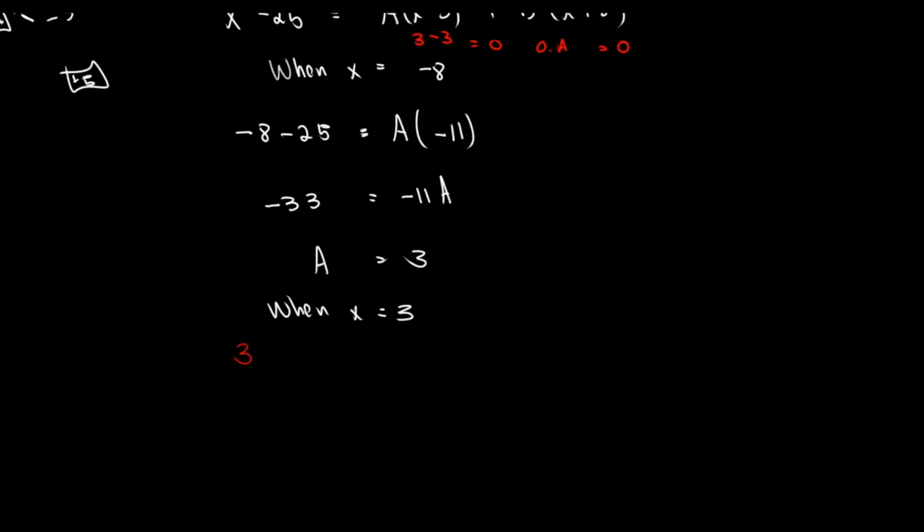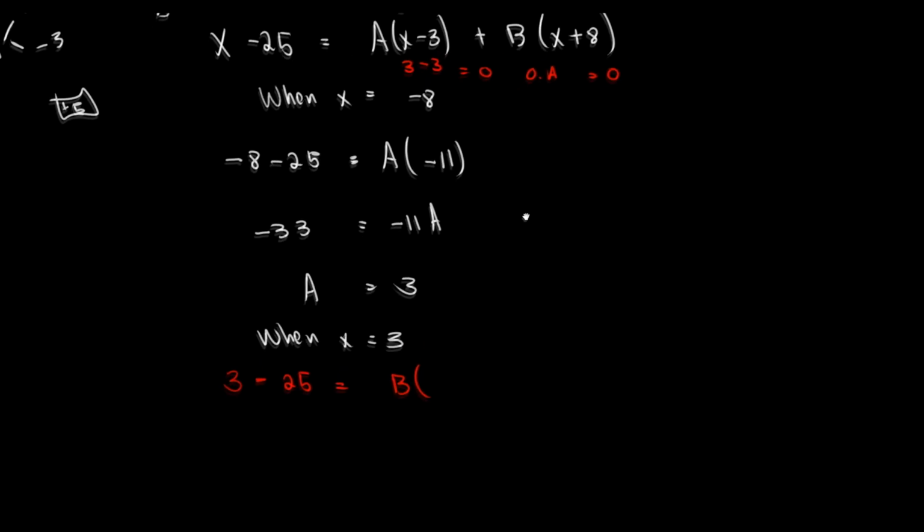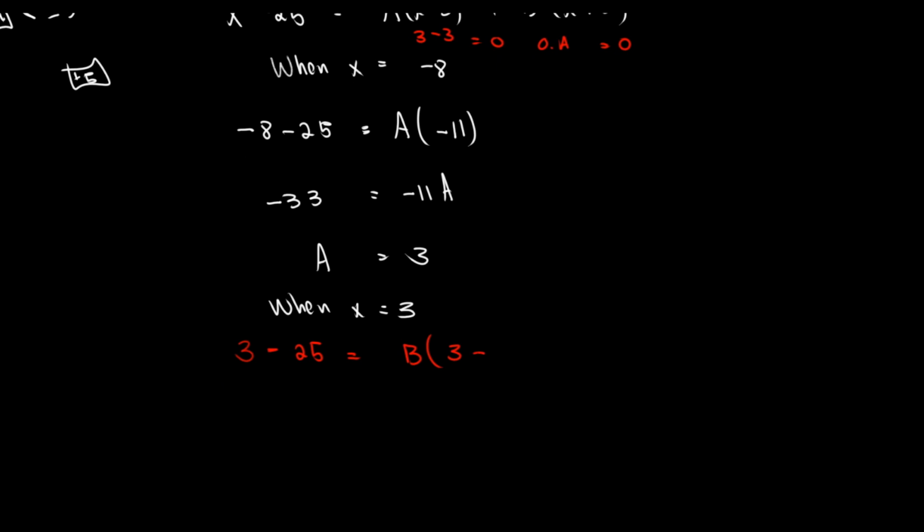We have 3 minus 25 is equal to b times 3 plus 8. This gives me negative 22 equals 11b. Okay, 11 times b. I'm going to divide both sides by 11, so b is equal to negative 2.